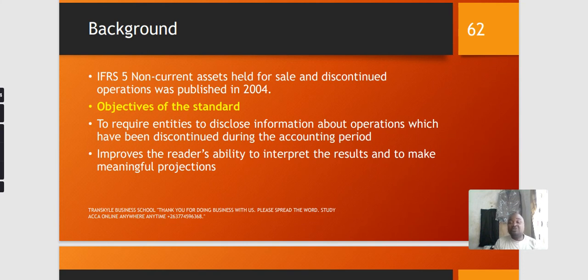So you need to know the results of an entity from its continuing operations as well as from those operations which have been discontinued. So basically, that's what the standard is all about.